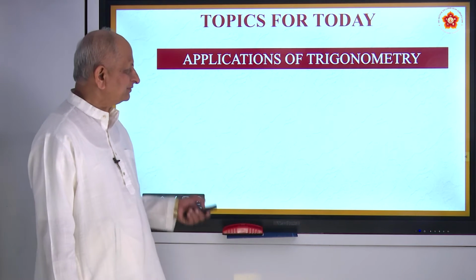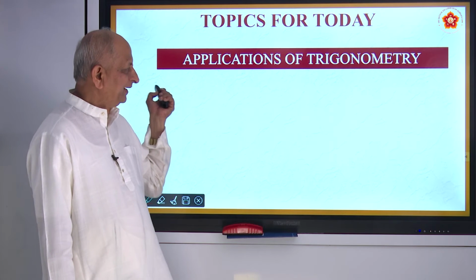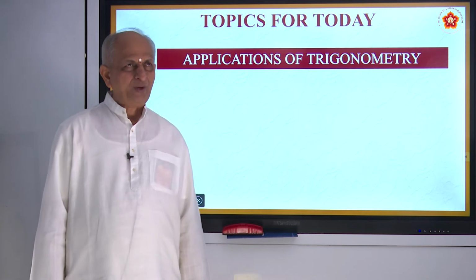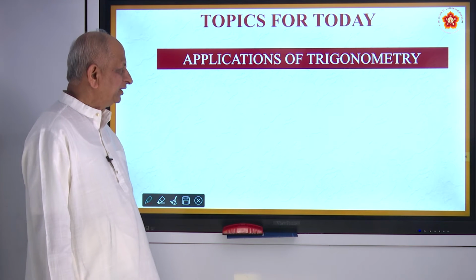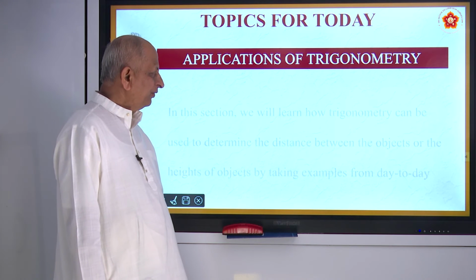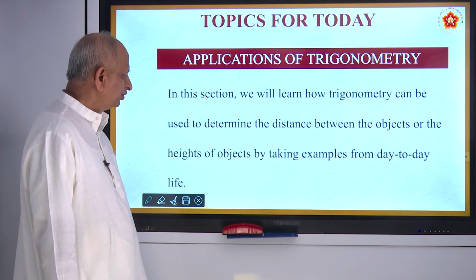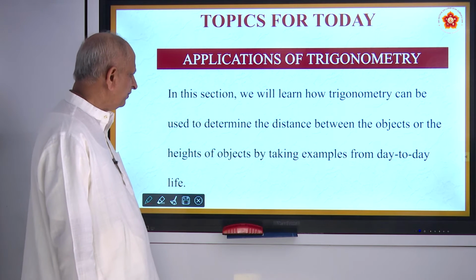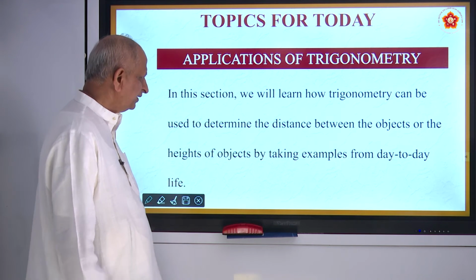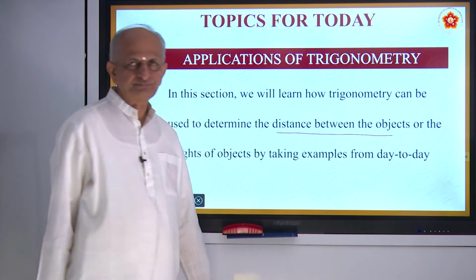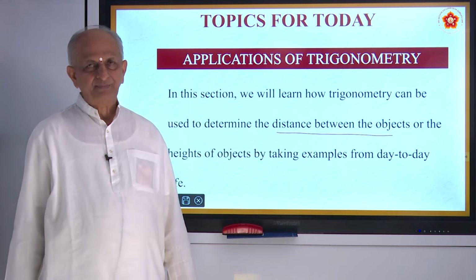So also here, after knowing about all the angles and the ratios of trigonometry, you should know the applications of trigonometry. So we learn about how trigonometry can be used to determine the distance between objects.